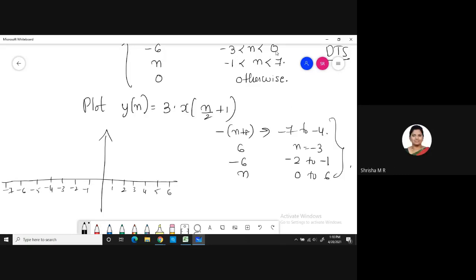Shall I show you this or will you try? We will try, ma'am. Okay, so substitute the values of n from -7 to -4, -7 plus 8. At -7, you'll get amplitude -1. Like that, you have to plot it. You try this, I'll solve it tomorrow.